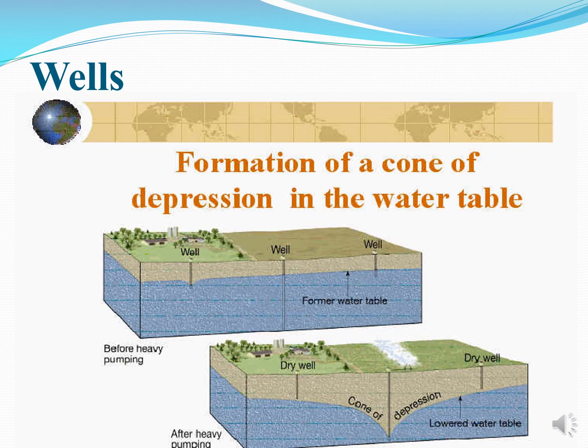So here is some more information about wells. This is how we talk about the formation of a cone of depression in the water table. So if we have our well set, the former water table was here. Before you start pumping, heavy pumping, like a lot of pumping, you can actually make it be overwhelmed.